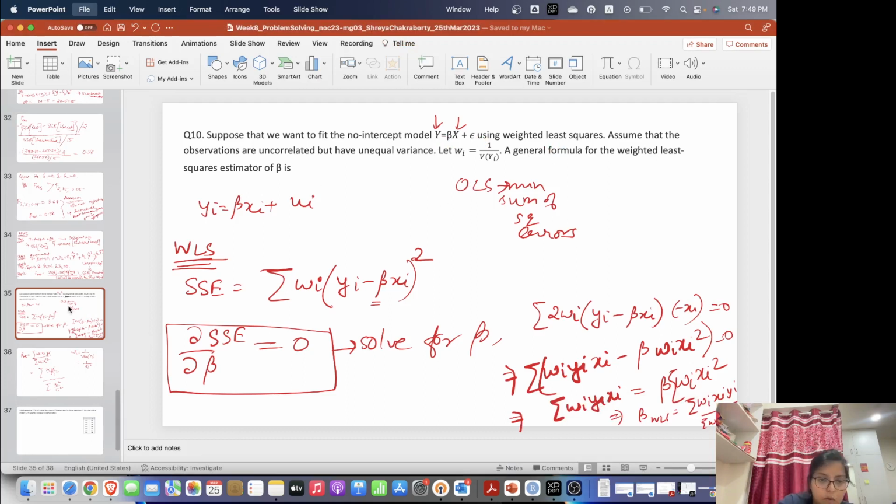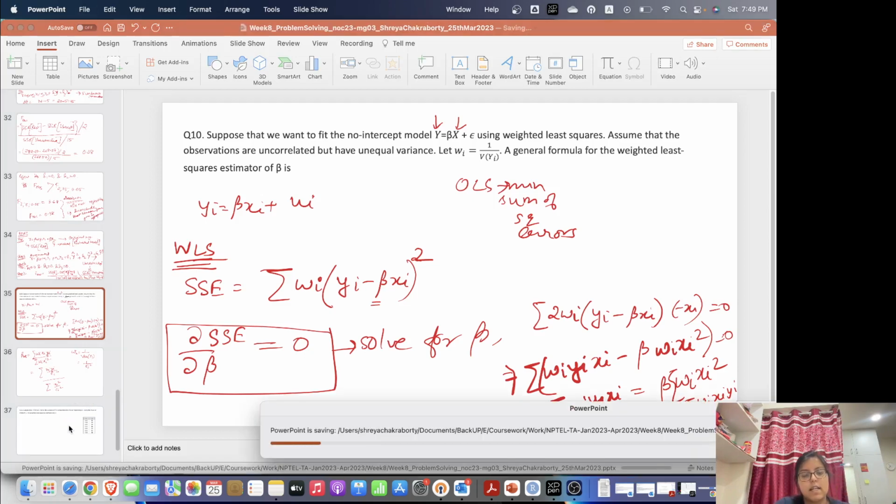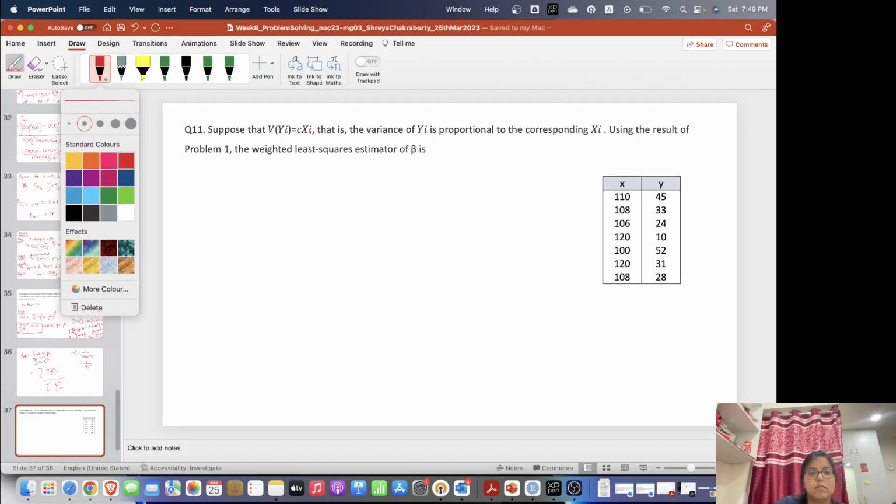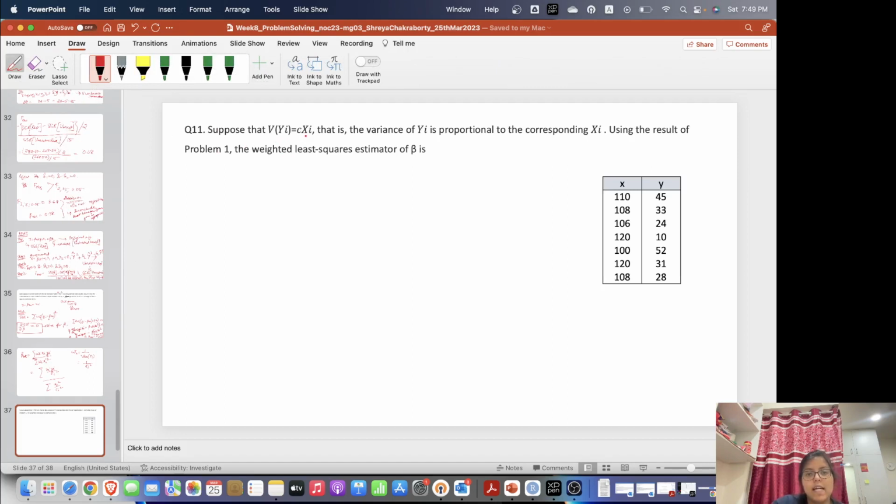Now what was discussed in class is that, and this part is important, suppose the variance of yi is proportional to xi. Why is it not working?